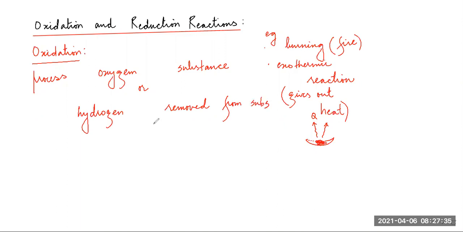Or it can also be defined in terms of losing or gaining electrons. Oxidation could be treated as a process in which a substance loses electrons.